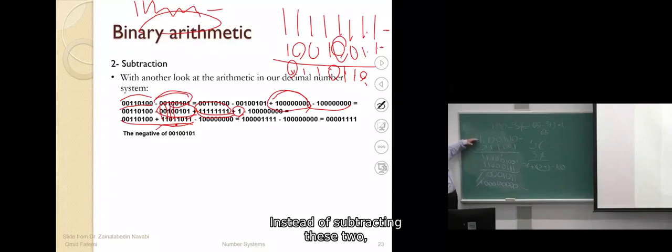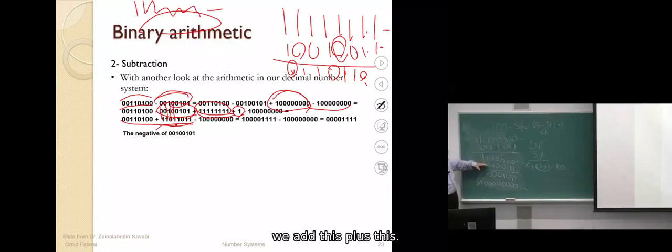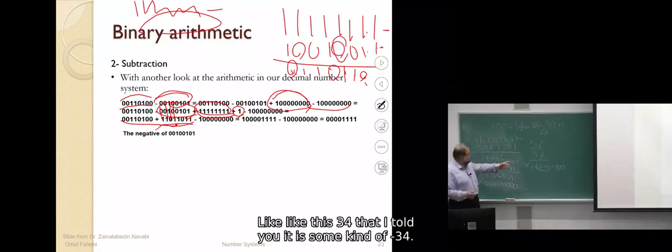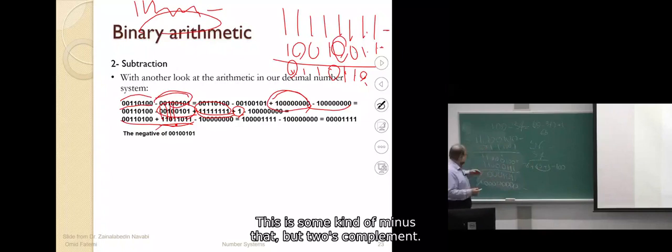Instead of subtracting these two, we add this plus this. So this we call the 2's complement of that. It is some kind of negative of that, like this 34 that I told you, it is some kind of minus 34. This is some kind of minus that, but 2's complement.